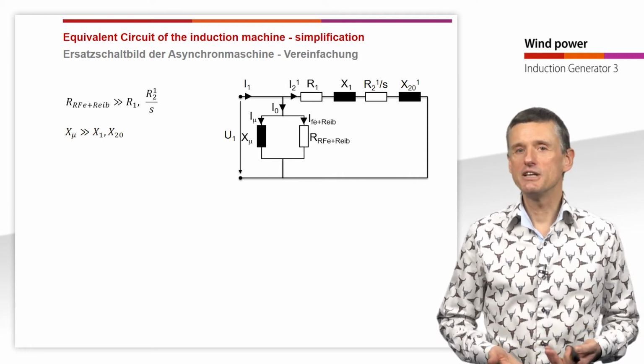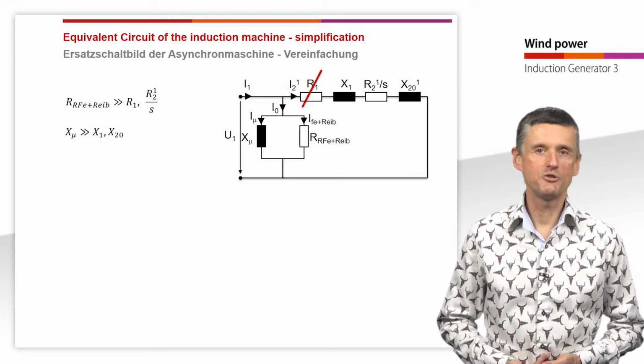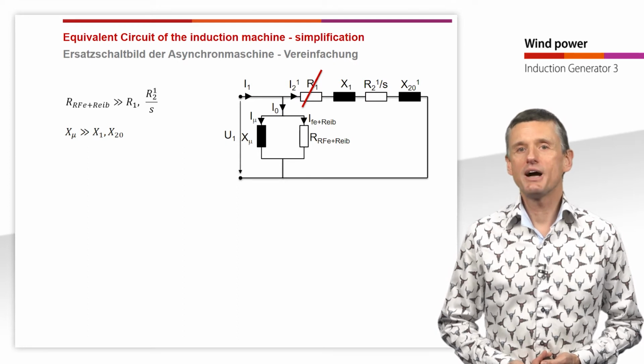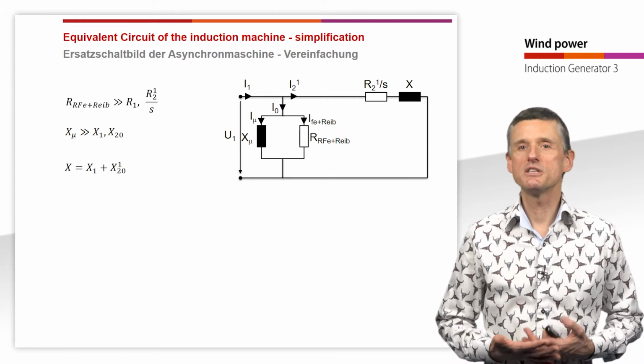Then we also can eliminate this R1 because it's much smaller than the R2' divided by S. And then we combine X1 and X20' to this X.